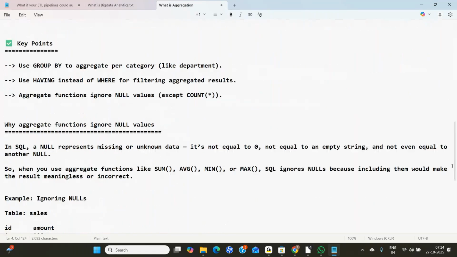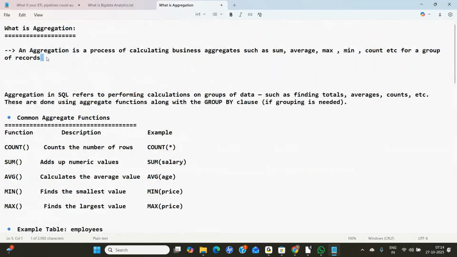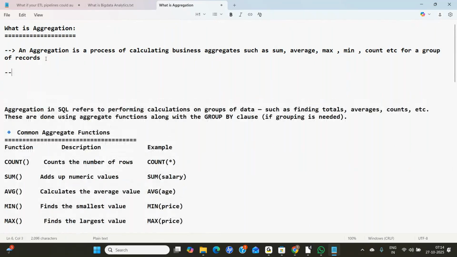Business aggregates are nothing but analytics-ready data. This is also called curated data for analytics.